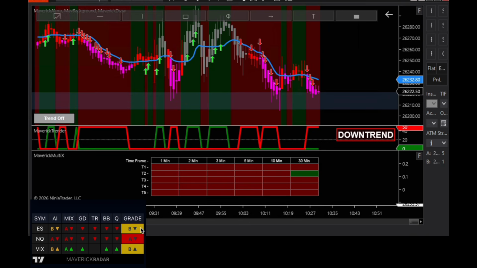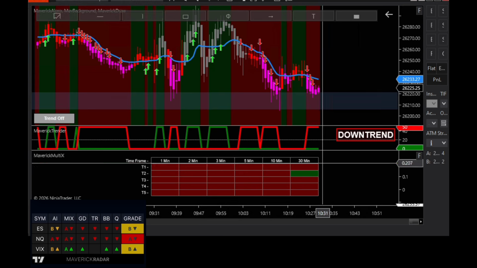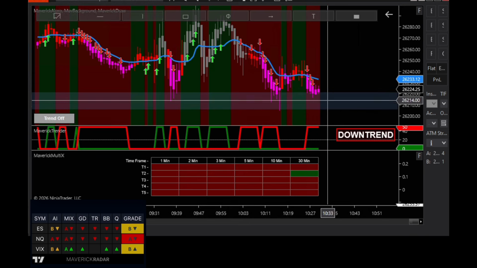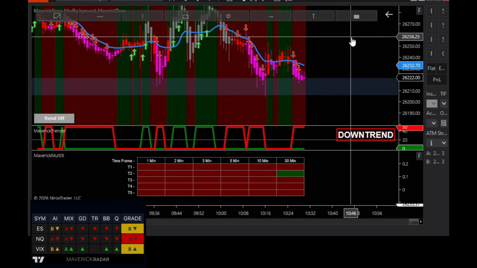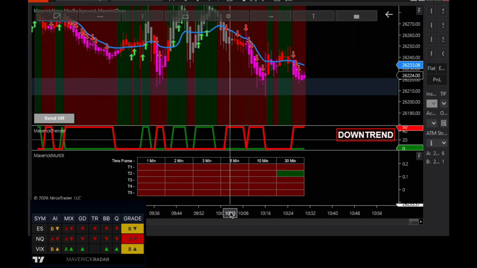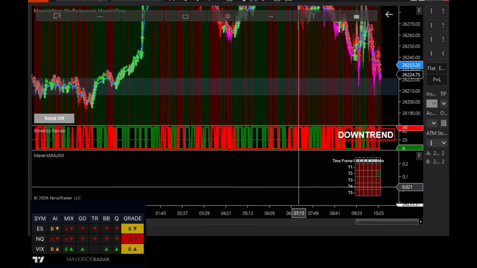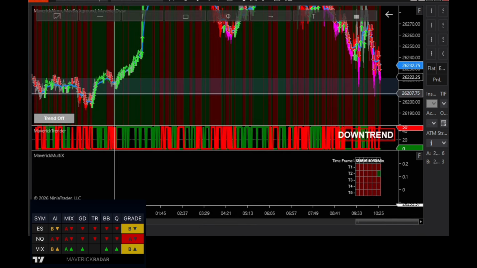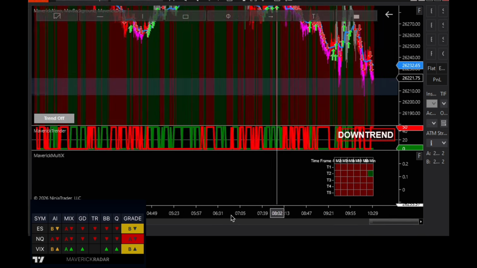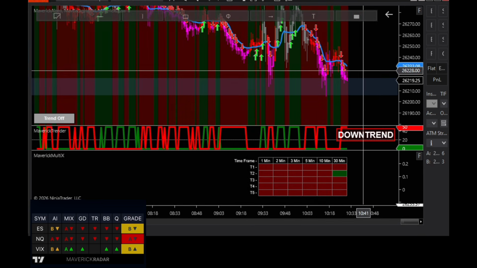But immediately when we get an A grade on ES, I think that'll tell the story if we're going to break through this support level right here. Yeah, this is quite the support level that NQ has not been able to drop through.